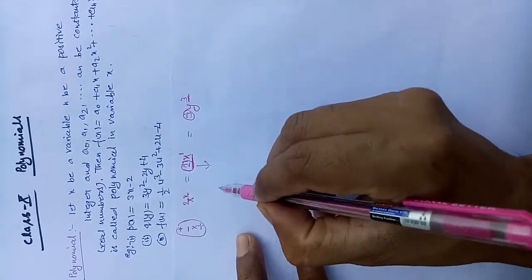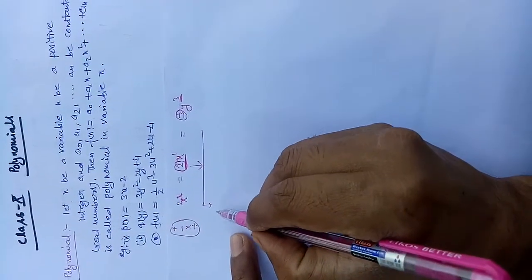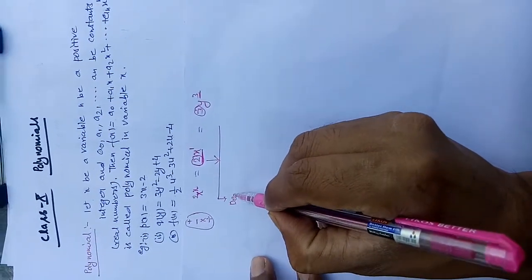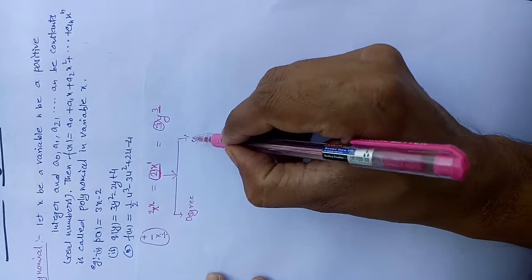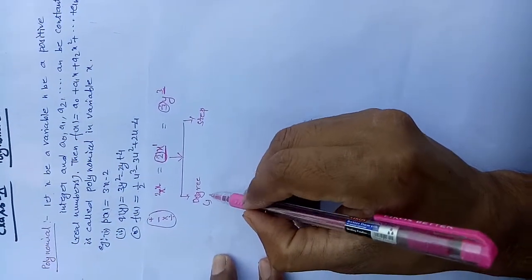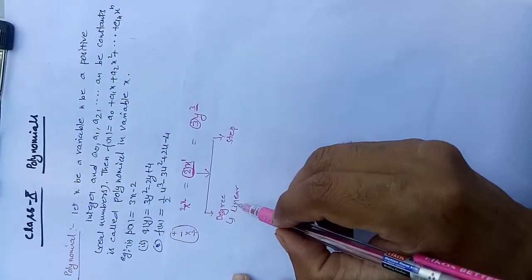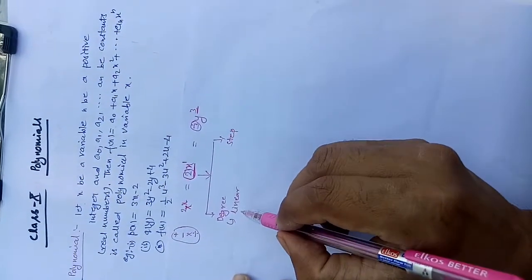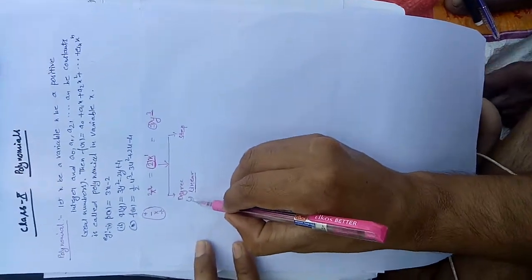Classification of algebraic expression is in two ways. First, according to degree, and second, according to term or step. So according to degree you have learned linear, means a polynomial or algebraic expression having highest degree 1.